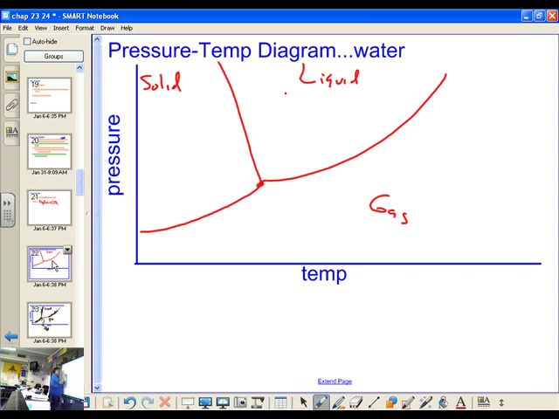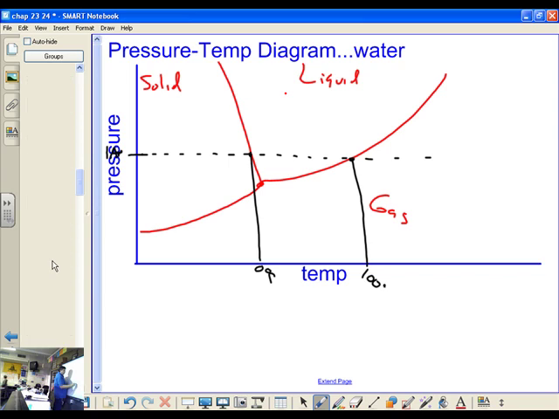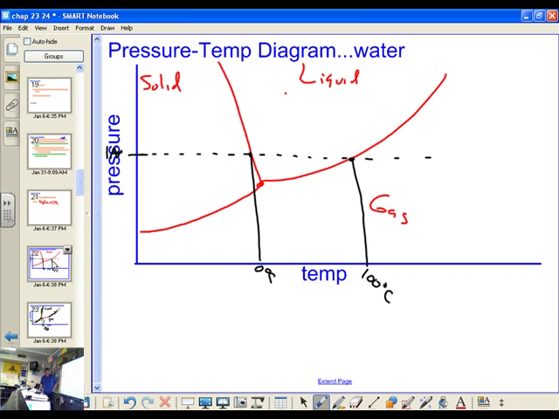Now, if we are at 1 atmosphere, here's 1 atmosphere on this chart. Right there would be 0 degrees Celsius, and here 100 degrees Celsius.